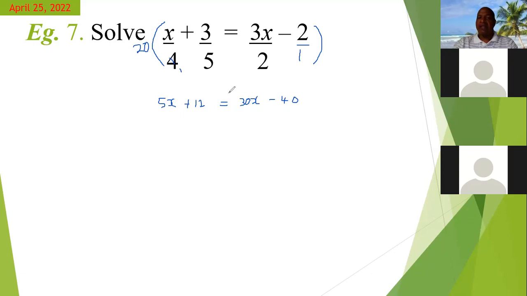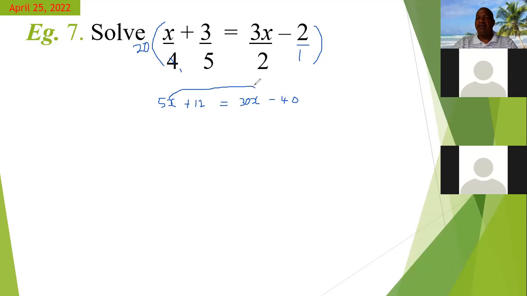Now, if we bring all the x's to the right side, being that 30 is larger than 5, when we calculate the x's on the right side, we will get a positive value for x. If we bring all the x's to the left side, we're going to get a negative value for x. Now, it's just another preference. If you want to bring all the x's to the left or to the right, no problem. But let me just take a different approach, bring all the x's to the right and all the numbers to the left.